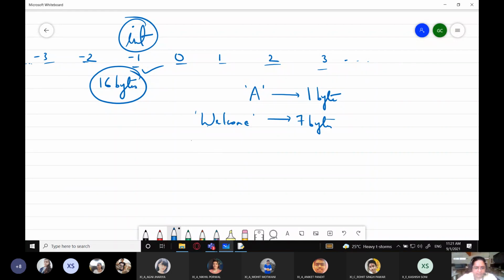And if there are spaces in between, they will also be counted. Like here, 1, 2, 3, 4, 5, 6, 7, 8, 9, 10, 11, 12. So this will be 12 bytes. Understood this? So this is how an integer and a string literal is represented in the memory.